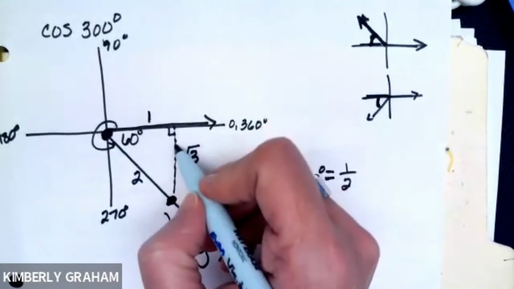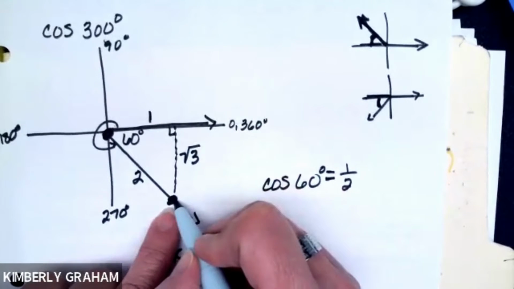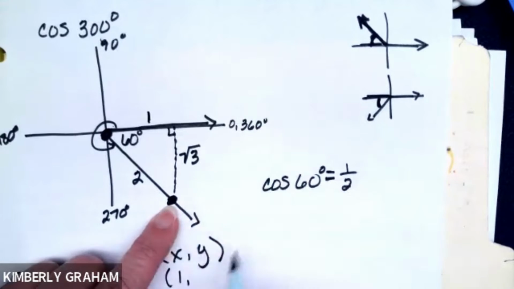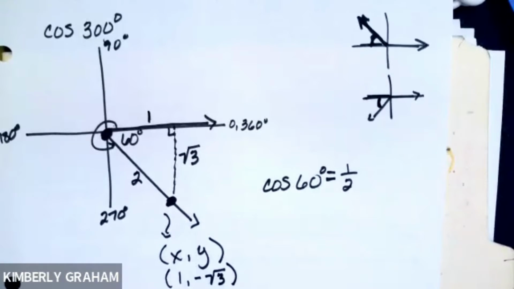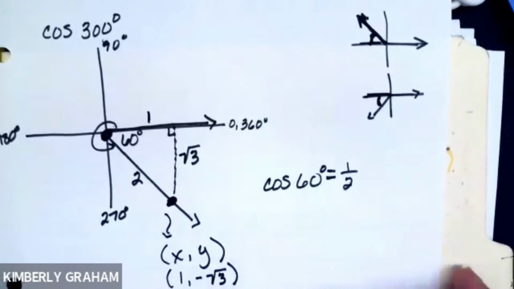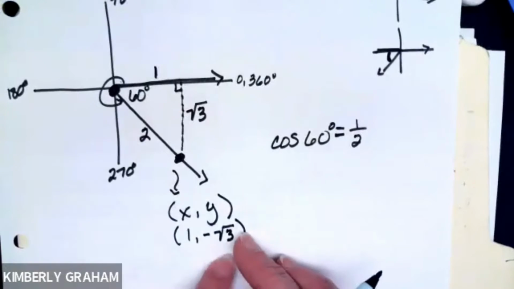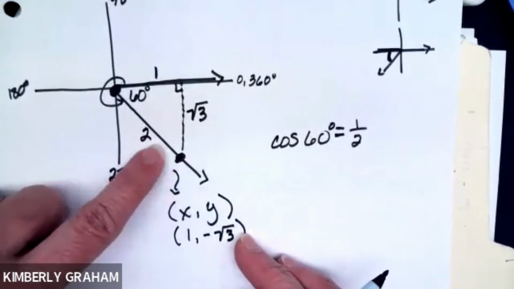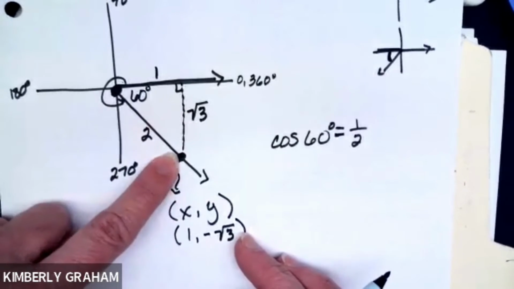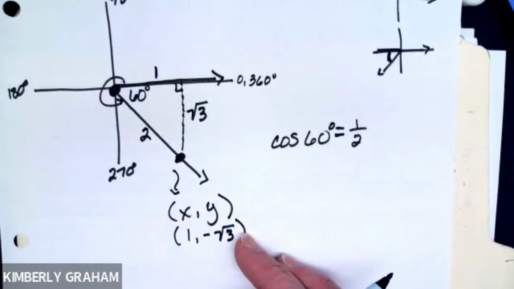The Y coordinate for this point would be negative square root of 3. So now I know a point that's on the terminal side of the angle that I'm looking for, 300 degrees. So now I can find sine, cosine, and tangent of 300 degrees.